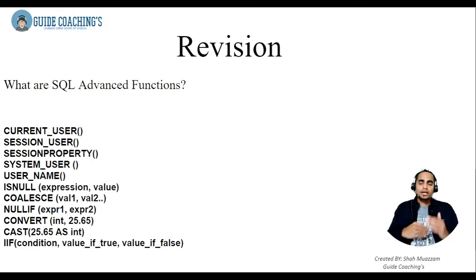And if I give an expression as 100 is greater than 1, that is a true condition, so it will print me a true value. So that's all about the advanced functions.